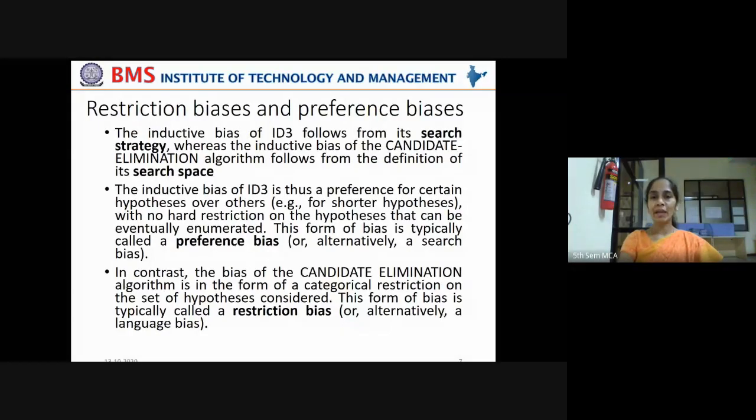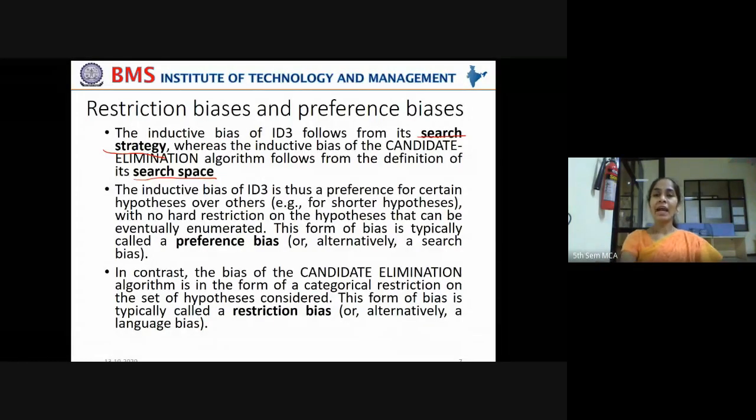Now, the inductive bias of ID3 follows from its search strategy, whereas the inductive bias of the candidate elimination algorithm follows from the definition of its search space. So the inductive bias of ID3 lies in its search strategy, its search plan, how it searches the hypothesis space.